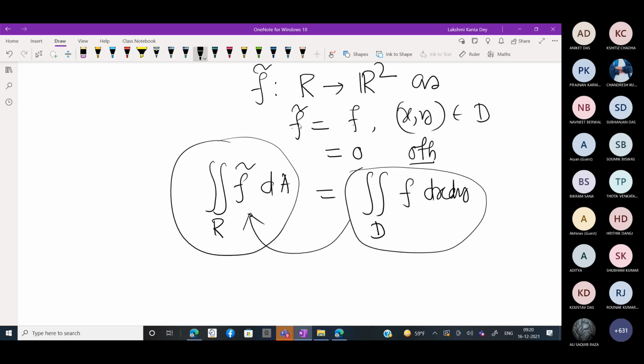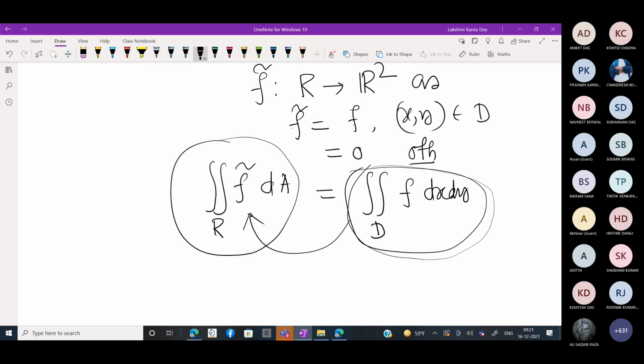That means the volume contribution beyond D is 0. So that is taken care of. There is no issue, we can do it.